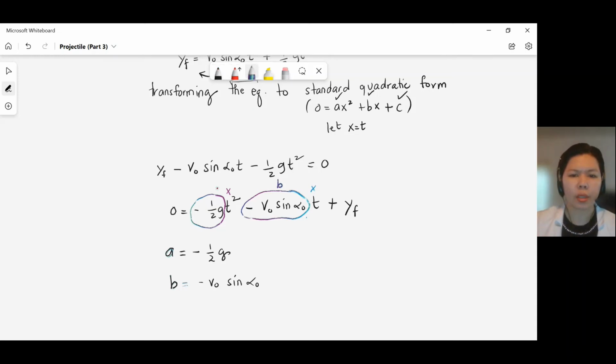This is our b, and this is our a. Then the last, plus c, so plus yf.